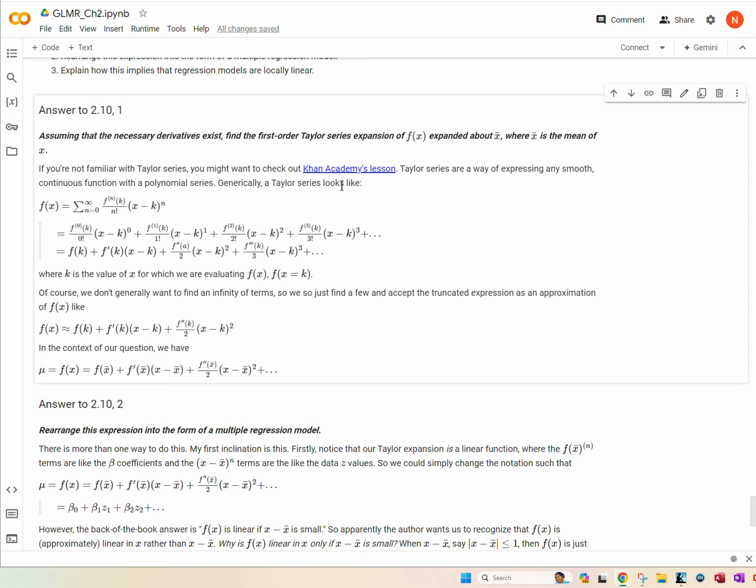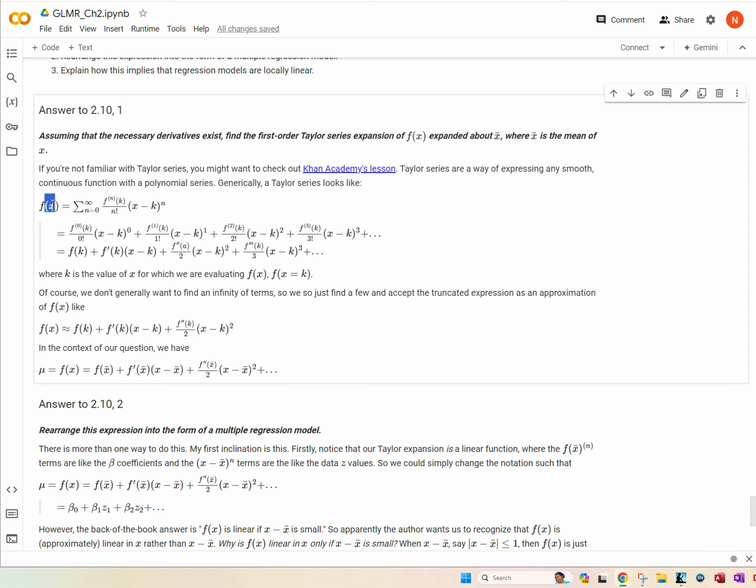Generically, a Taylor series looks like this. Say that I have any relationship between y and x, and it's a function of x, so f of x. Regardless of what this function is, I can exactly equal it.